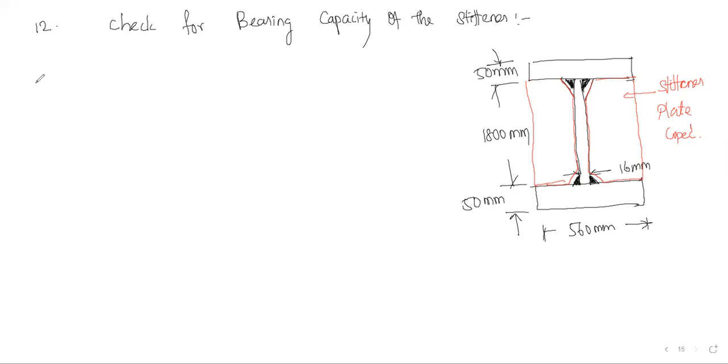So from page number 68, clause number 8.7.5.2, I can have this bearing capacity of stiffener.